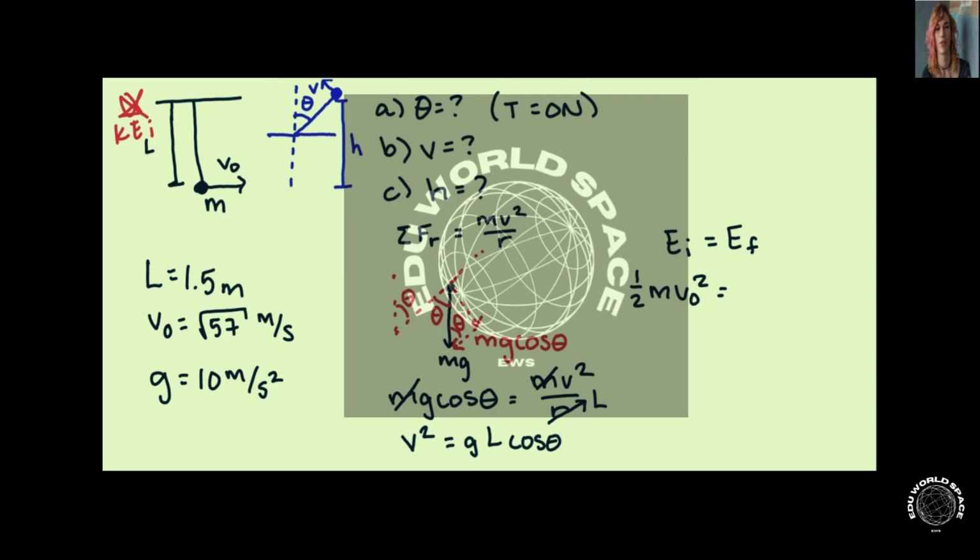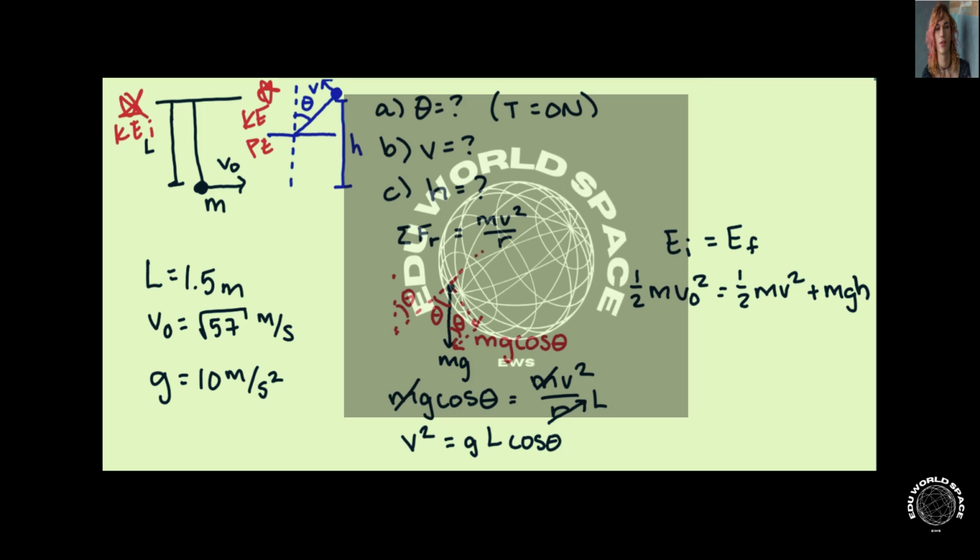In our second picture here, we have both kinetic energy and potential energy. So kinetic energy is going to be 1/2 mv squared. And again, we now have something for v squared that we can plug in, plus mgh. And here becomes a little bit of a problem again because we don't know what h is.